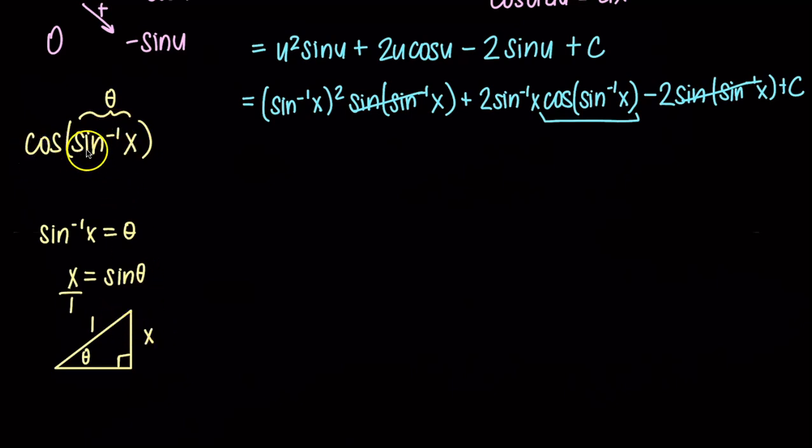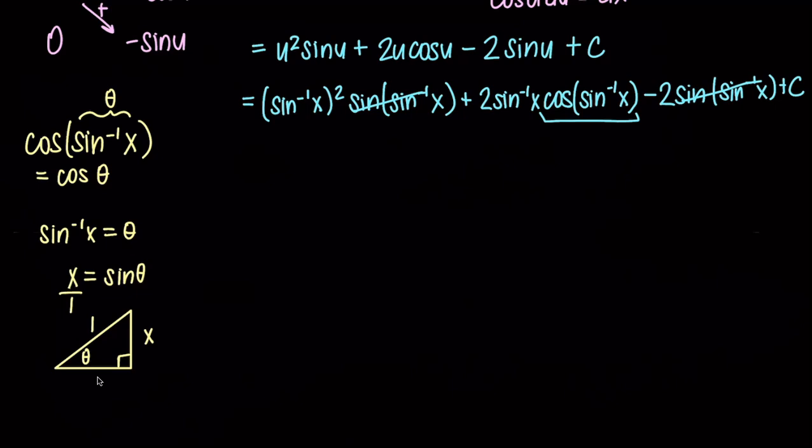Well, if we said sine inverse of x is theta, then this entire expression is really just asking us for cosine of theta. All right, well, on a right triangle, what is cosine? Cosine is the adjacent side over the hypotenuse. So as long as we can find this adjacent side represented as a function of x, then we can find cosine of theta. Well, how do I find the missing side of a right triangle?